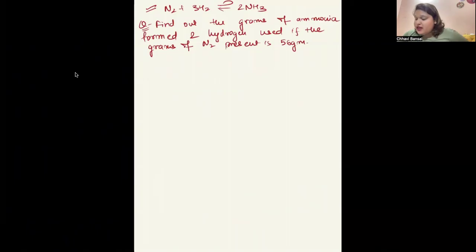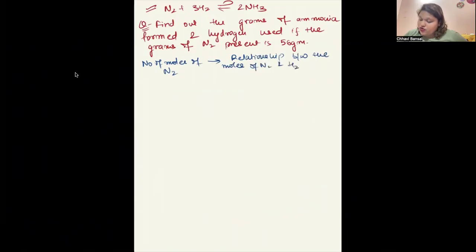So let's see what should be the sequence here. First, number of moles of nitrogen. This should be the first step. Then the relationship between the moles of nitrogen and hydrogen, and nitrogen and NH3, right?